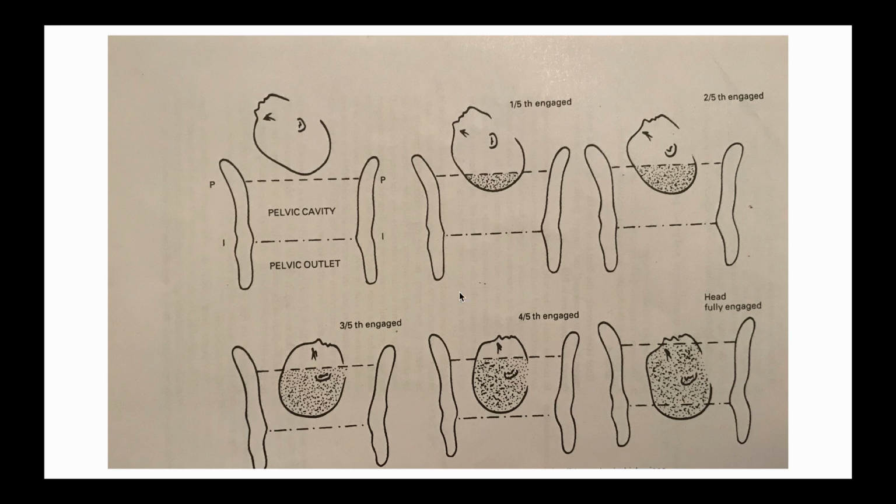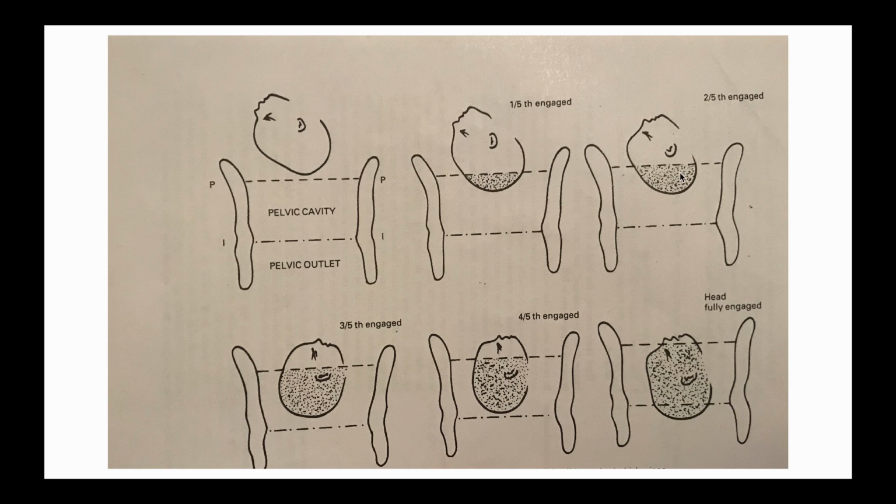Now, in this diagram, we have this to be the fetal head, and over here we have the pelvic inlet or the brim, and here being the cavity and this being the outlet. And so as the fetal head passes through, if we do vaginal examination and the fetal head is felt beneath or beyond the pelvic inlet, we say it is 1/5.